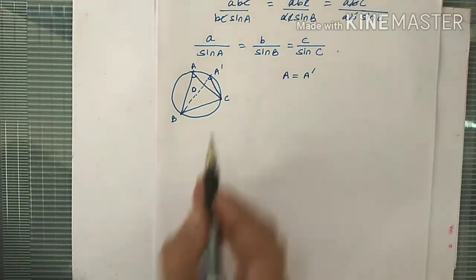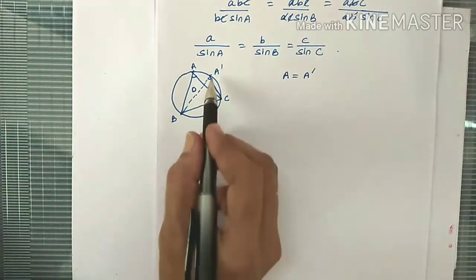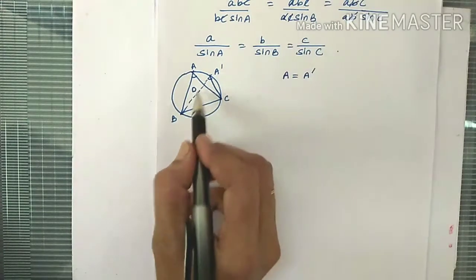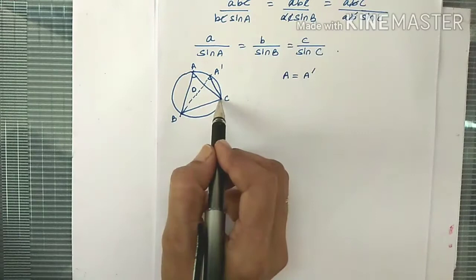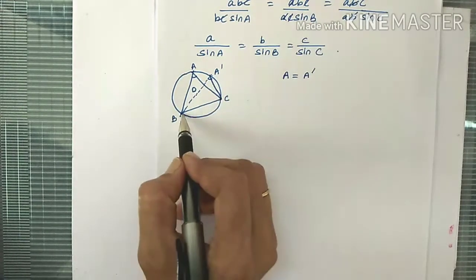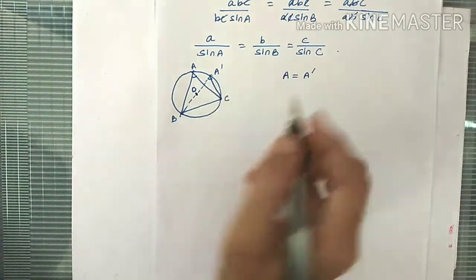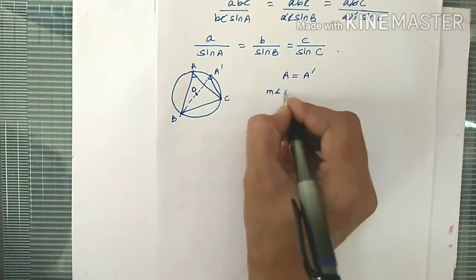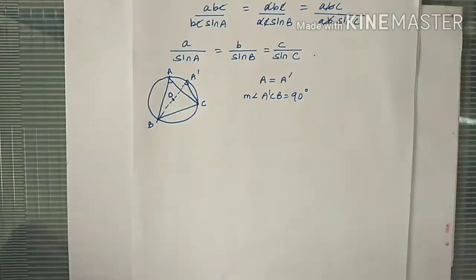Now consider only A dash BC. A dash B is the diameter of the circle and C is any point on the circle. So angle A dash CB is an angle in a semicircle, so the measure of angle A dash CB equals 90 degrees.